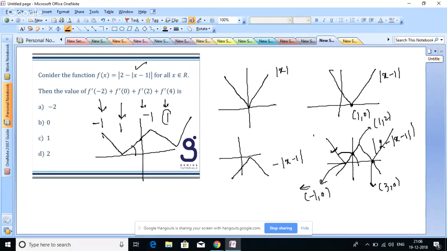Now if I add all these, we will get 0 as the answer. So option B is the correct answer to this question. You can just find the value of all these derivatives graphically. f dash 4 means somewhere to the right of this, that means on this line, and this line will have a slope of 1 because this angle is 45 degrees and tan 45 is 1. So you just add all these values, you will get 0 as your correct answer.